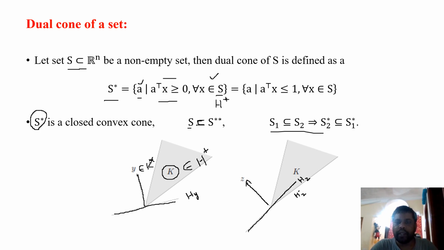So clearly we are unable to find a separating hyperplane with respect to the Z direction. So Z would not be an element of the dual cone of this set. That means Z does not belong to K star.